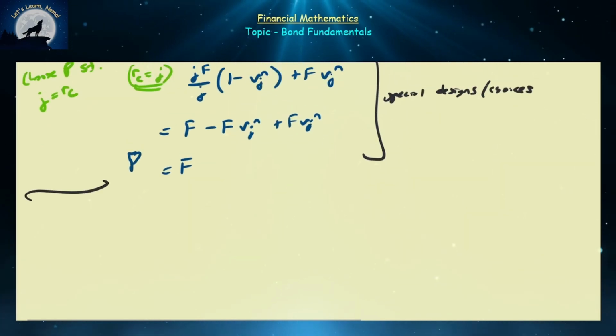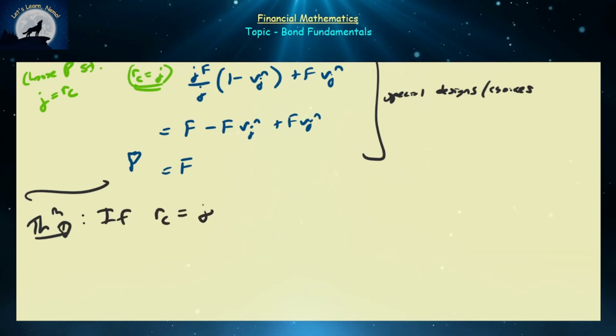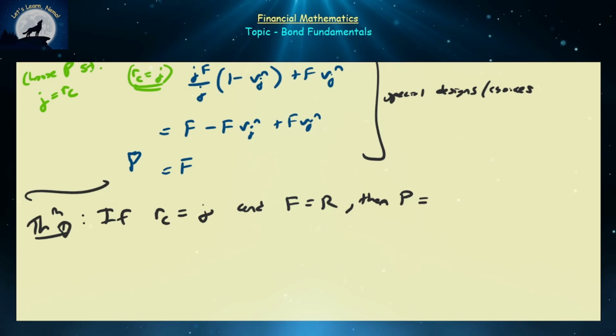So we can get some theorems immediately from this conclusion, and those are the following. If the coupon rate is equal to the yield rate and the face value is equal to the redemption value, then the price you had paid for that loan is just going to be equal to the face value. That's the first thing. The second thing that we conclude is the following.